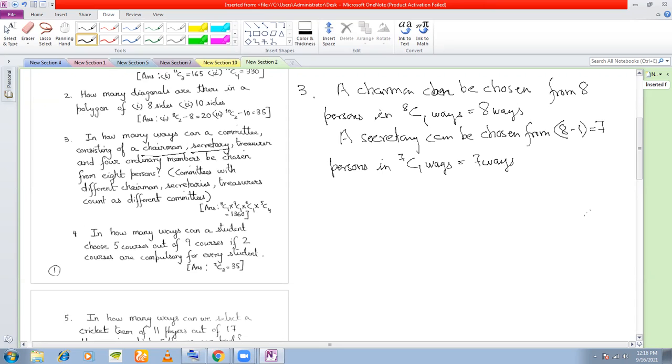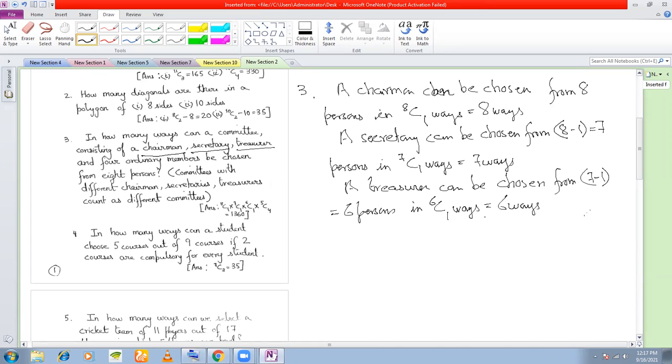Next, what do you have to choose? You have to choose a treasurer. A treasurer can be chosen from 7 minus 1, equal to 6 persons in 6C1 ways, equal to 6 ways.